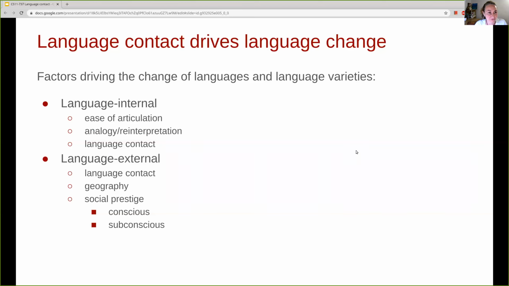An example of language internal factors would be a process of simplification and the change of words to ease their articulation, to ease their pronunciation. And some words change meaning. And language contact is a very important factor, both for language internal and language external reasons for language change.